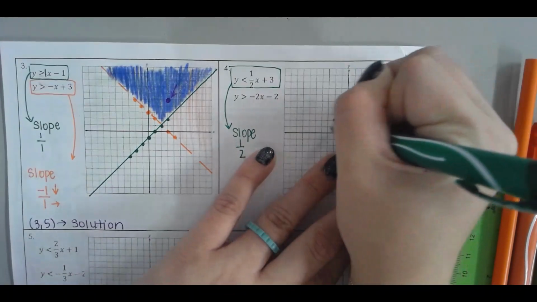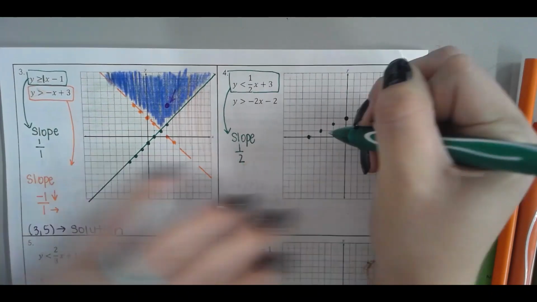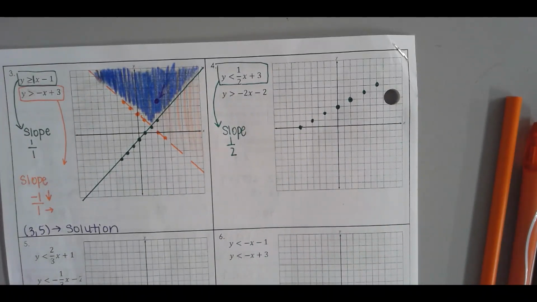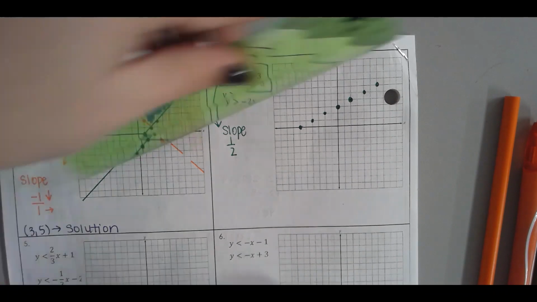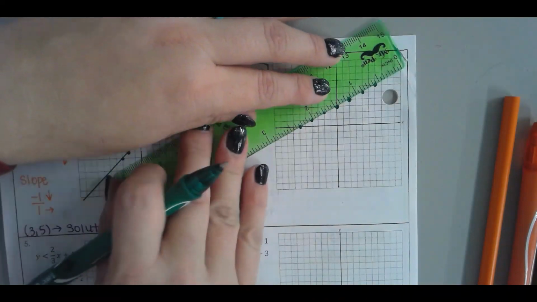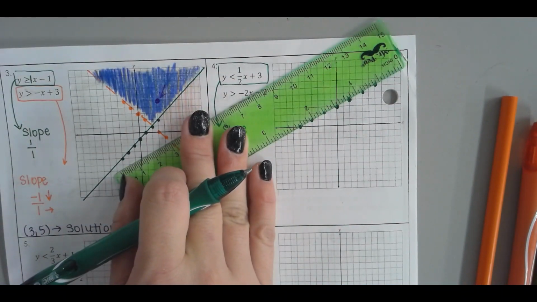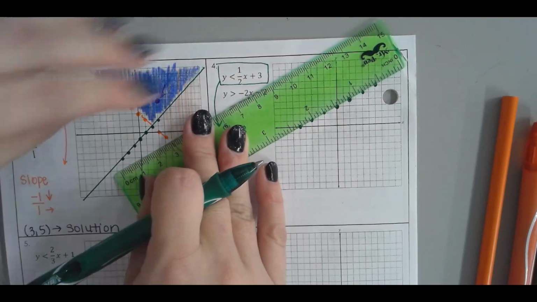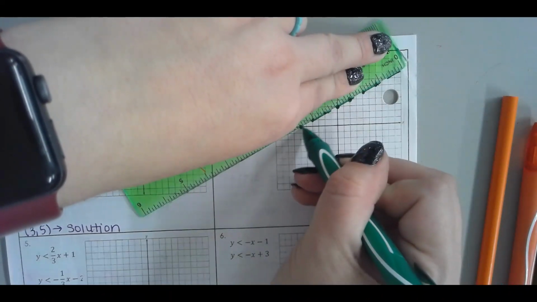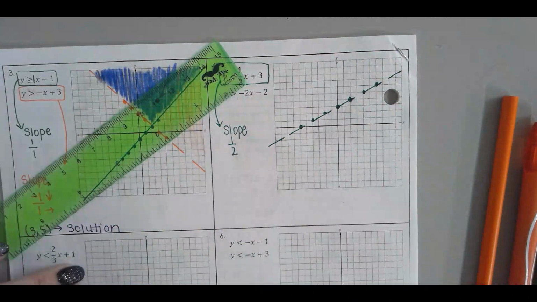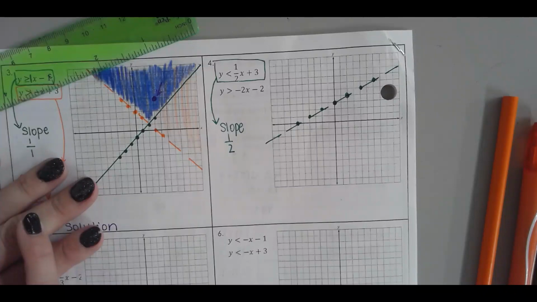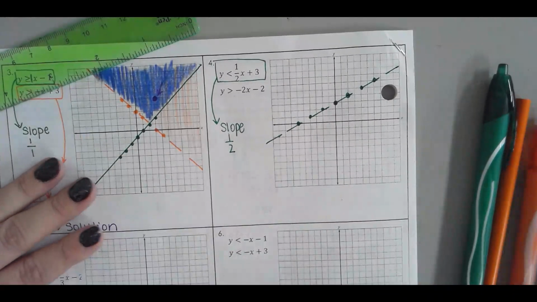Or I could go down and left. Solid or dashed? You're going to have to go dash right here. Above or below? You're going to have to go below right here.